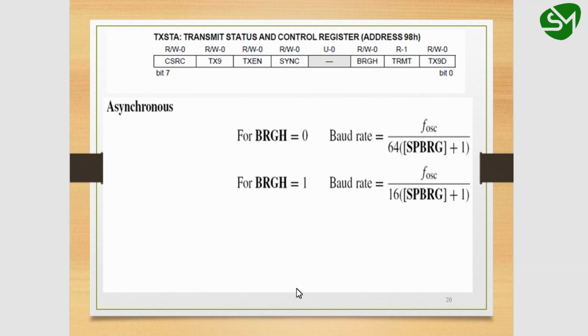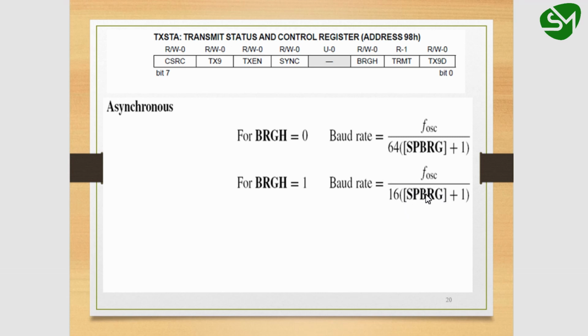As I said before, if the BRGH value is 1, the baud rate formula will be F oscillator divided by 16 times (SPBRG plus 1). And if it is 0, the baud rate will be F oscillator divided by 64 times (SPBRG plus 1). You can give any value to BRGH, but while calculating the baud rate, you must consider the BRGH value. Since I have given 1 to BRGH, I am taking this formula for calculating the SPBRG value.